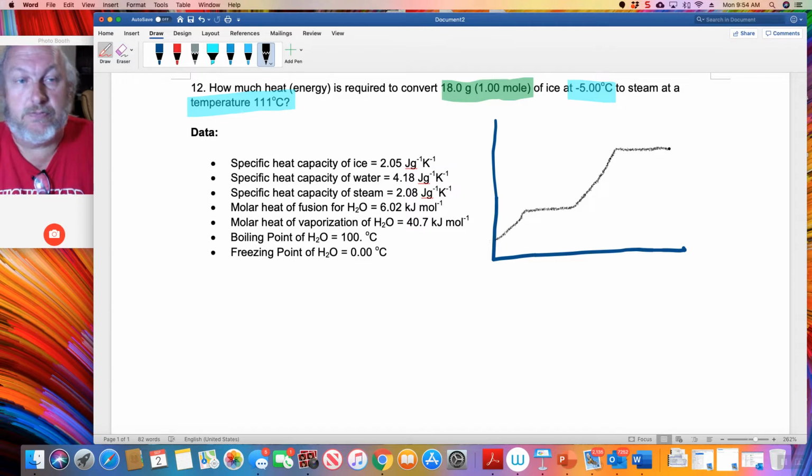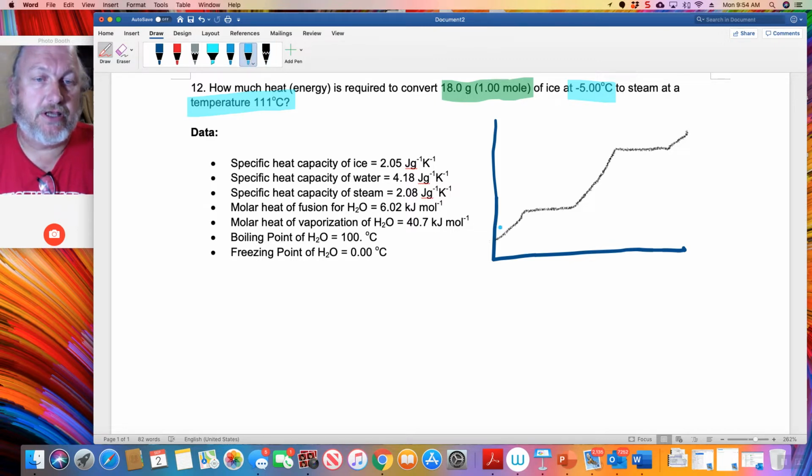I just boiled some eggs this morning, so that water was boiling away. Then it's going to continue to increase until we get to 111 degrees C. So that's the first thing I should see when I start doing a phase diagram. I need to see this type of picture, and that's what we're doing, just drawing a picture of what we're seeing.